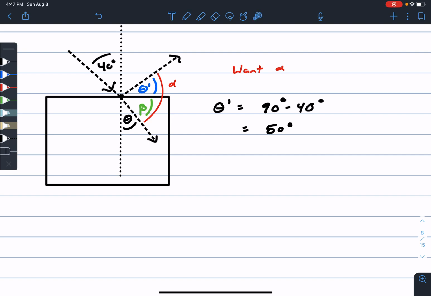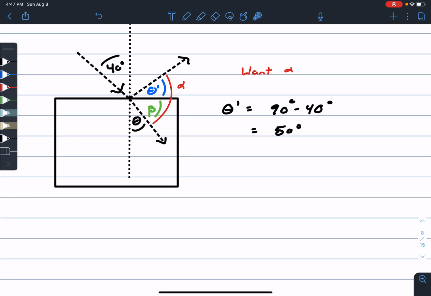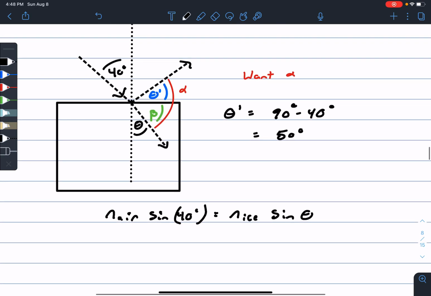For the next part, we use Snell's law to determine what this angle is. We were told that this is a block of ice, right? This is a block of ice, and we can just look up the index of refraction for ice, and we know what it is for air. It's about 1. So we have n air sine 40 degrees equals n ice sine theta. We'll just call it theta, which is this angle here, and we want to determine what that is.